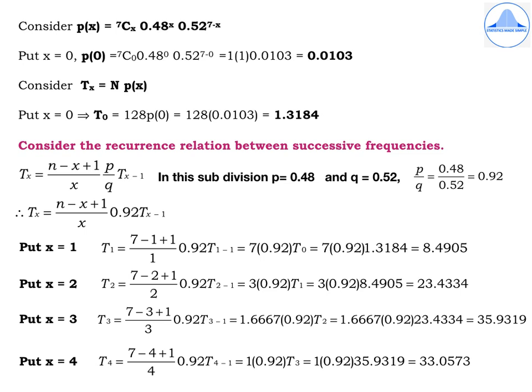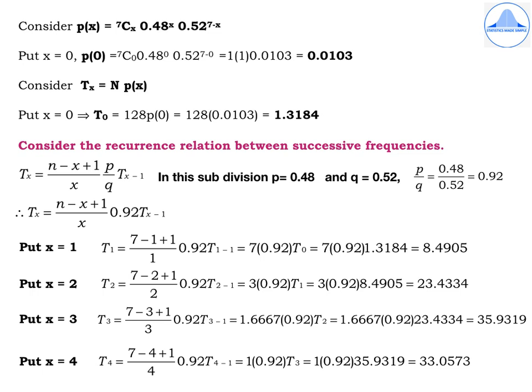So the equation changes. Put x equal to 1. So T1 is equal to 7 minus 1 plus 1 by 1, 0.92 T1 minus 1, which is equal to 7 into 0.92 T0, which simplifies to 8.4905. Similarly, put x equal to 2.